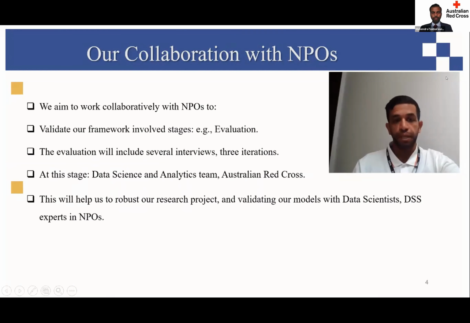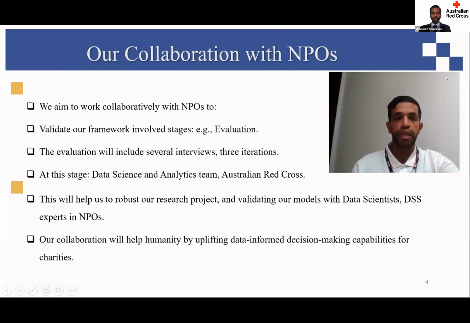This collaboration will help us make our research project robust and validate our models with data science and decision support system experts in non-profit organizations. Also, this collaboration will help humanity by uplifting data-informed decision-making capabilities for charities. Thank you.